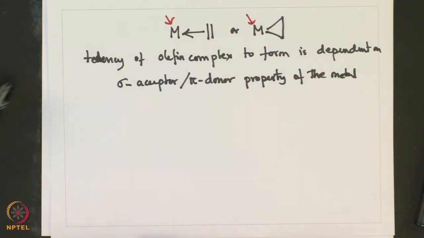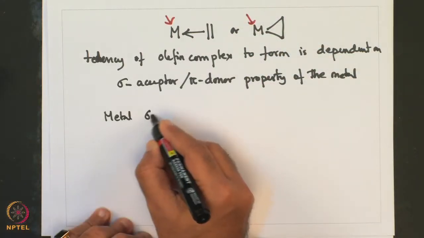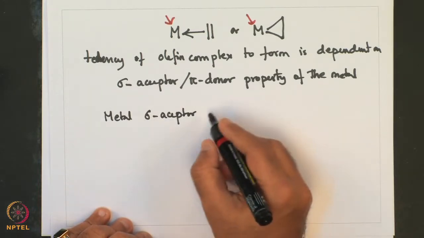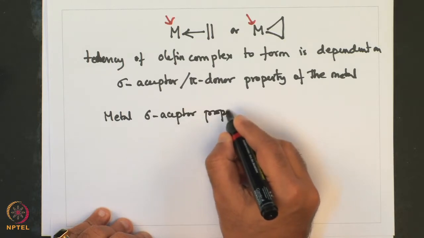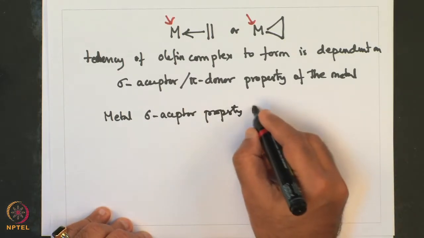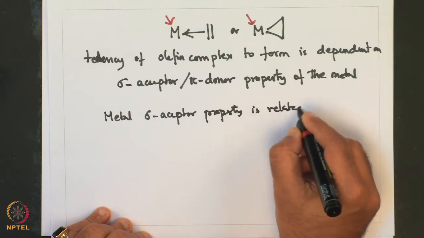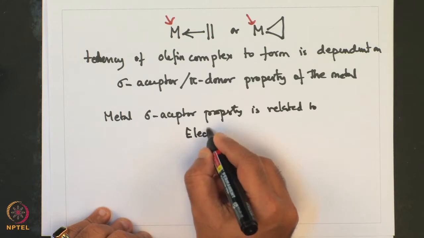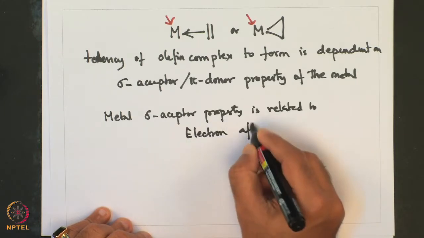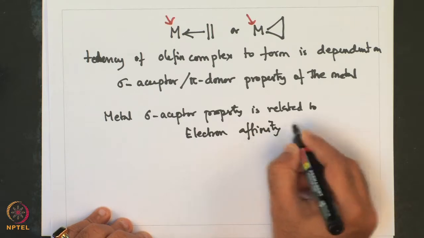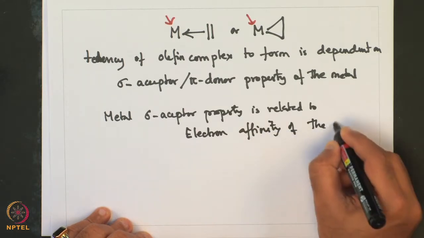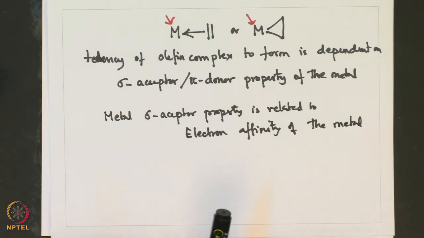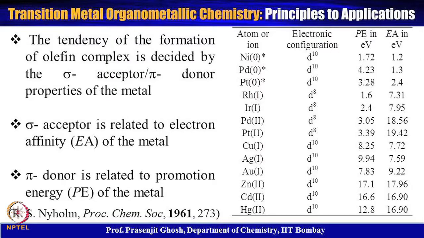And from the metal's perspective, the sigma acceptor property is related to the electron affinity of the metal, which means how strongly the metal takes up the additional electron.